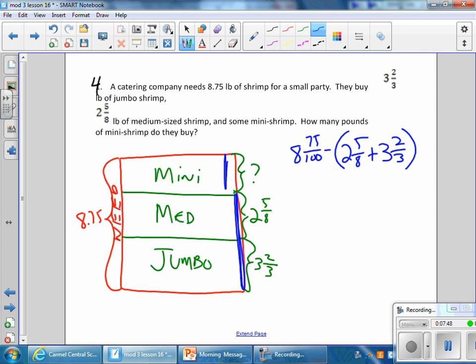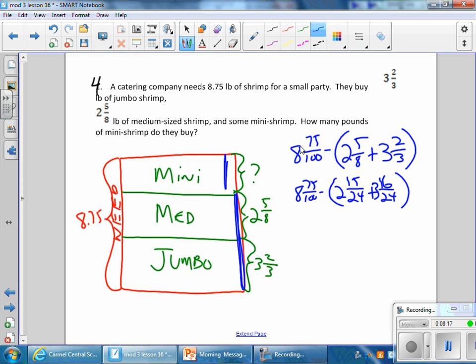When I add 2 5/8 and 3 2/3, I have a common denominator of 24. I see when I put 15, sorry, 3 in there, a little messy, I'm sorry.